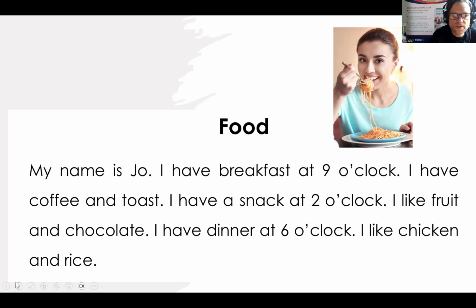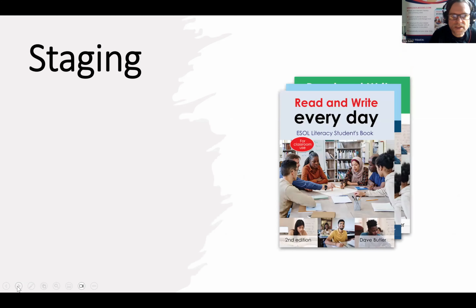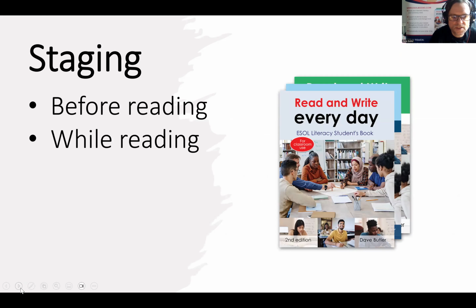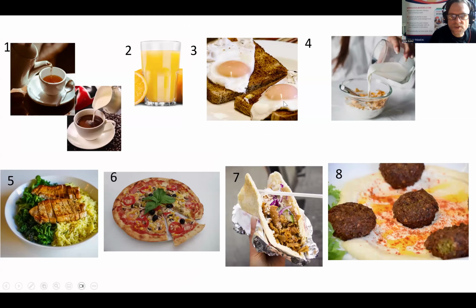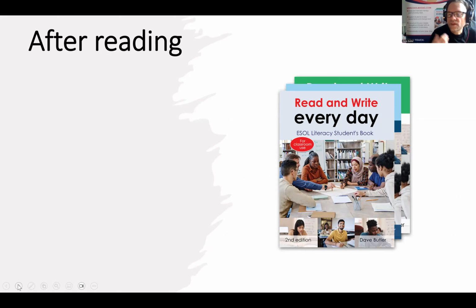In the pre-reading stage, looking at these three phases, before reading, there's lots of pictures, and these are on PowerPoint slides, which I'll show you. Lots of pictures to get students into the topic. And then while reading, as I said, go and watch the video where I talk about all of the staging for that.